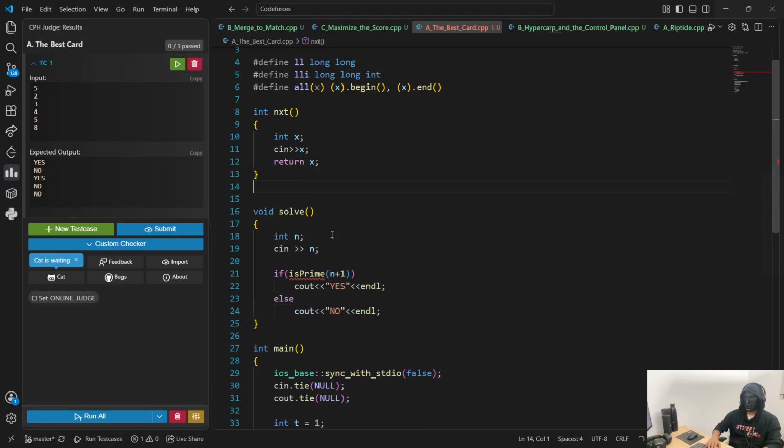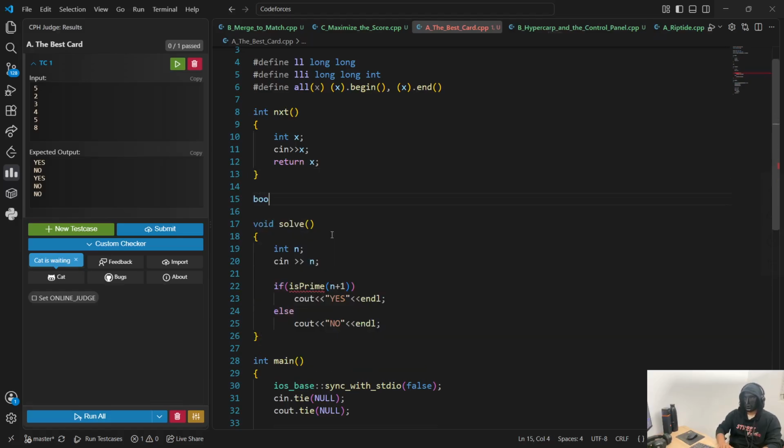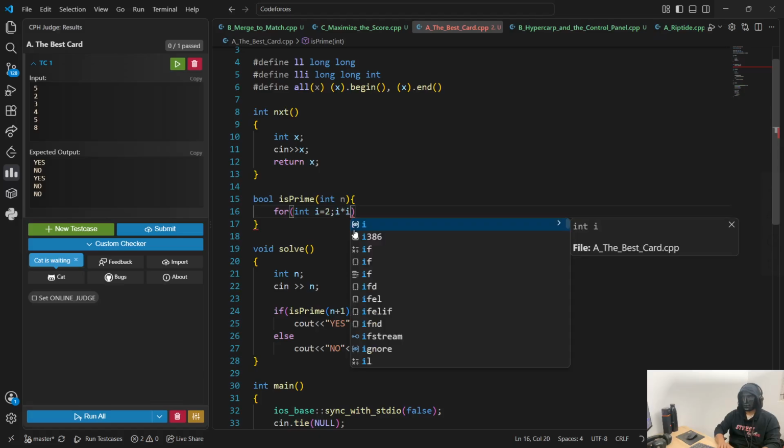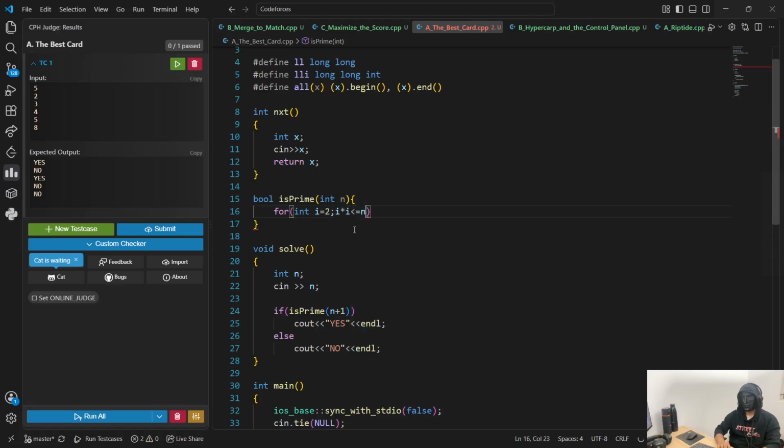Let's add this prime function. Since the number cards start from 2, we don't need to check for n equals 1. So directly we can call a loop, and it will start from 2 and go till the square root of n.